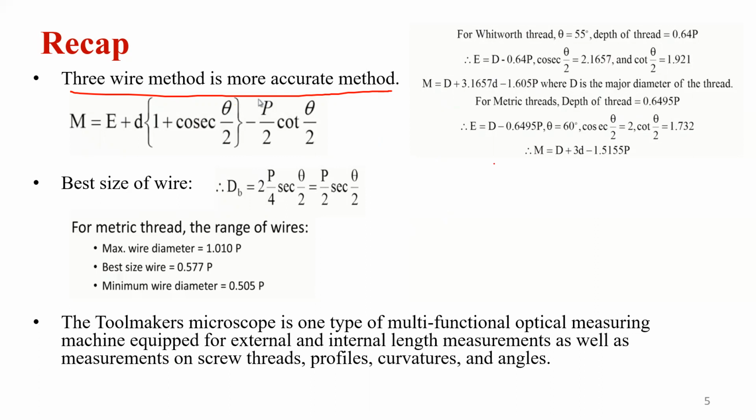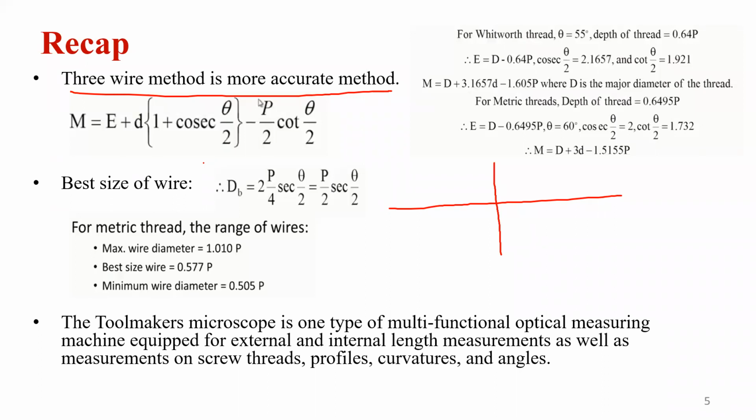In this, the axis of the micrometer cannot be set perpendicular to the axis of the screw thread. And in the 2-wire method, the limitation is that alignment is not possible.